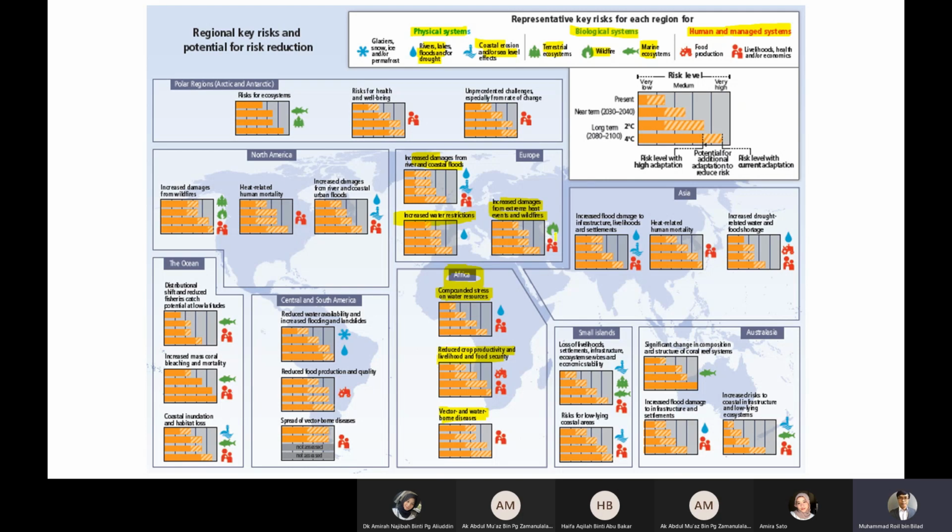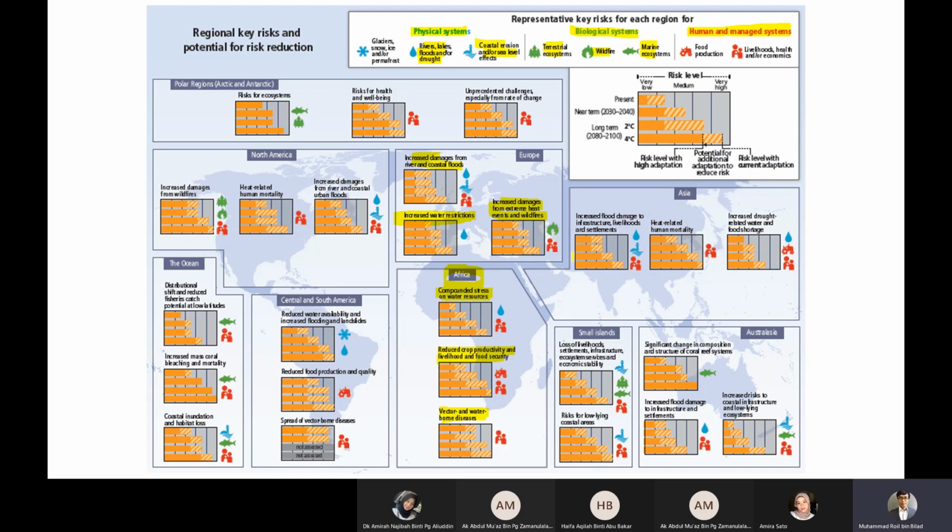You can see this mapping, it's nicely done. Probably the tricky part is how they come up with the bar, I mean the number. How severe are the consequences?